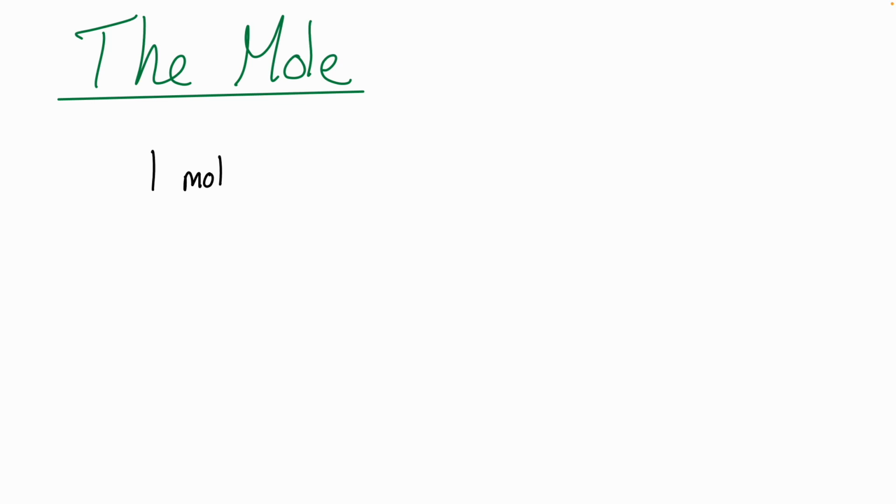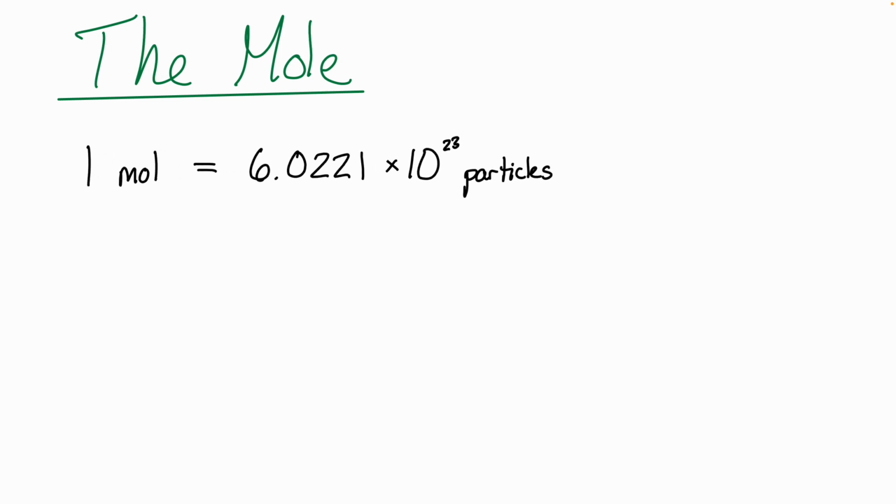They really shortened it quite a bit for us, all right? It says that this is equal to 6.0221 times 10 to the 23, all right? It says molecules on our constants page. I'm going to use this word particles here, okay?